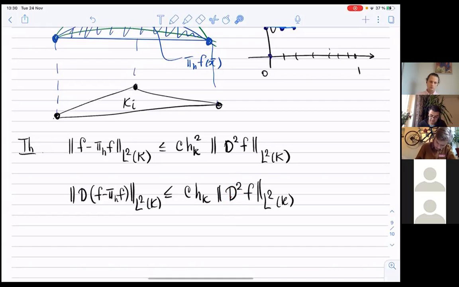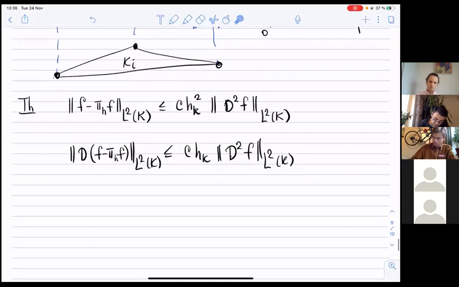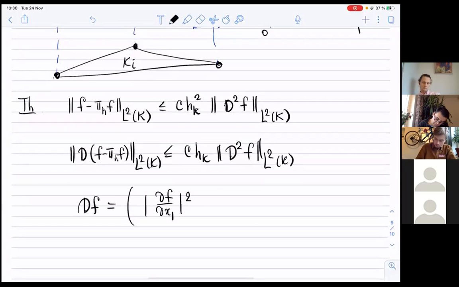For example, for the 2D case, it's the norm of df, which is equal to the square root of df over dx1 squared plus df over dx2 squared.